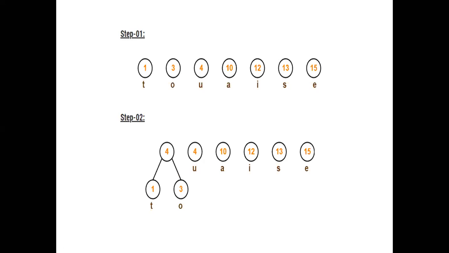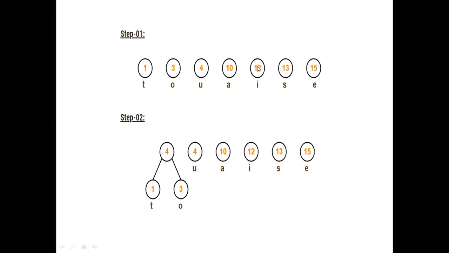Okay. After that, what you have to do? You have to extract 2 minimum numbers from this array. Let me repeat. First of all, arrange according to frequency in increasing order. Okay, then what will you do?